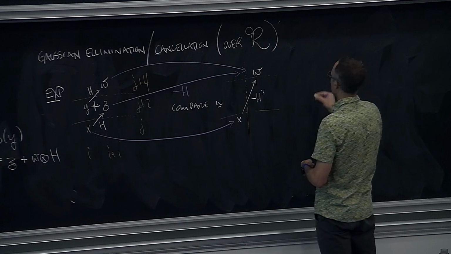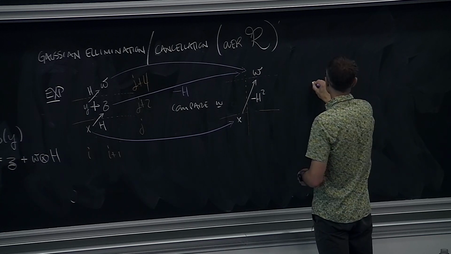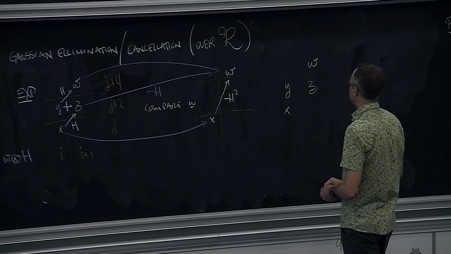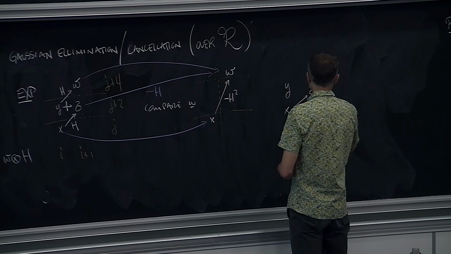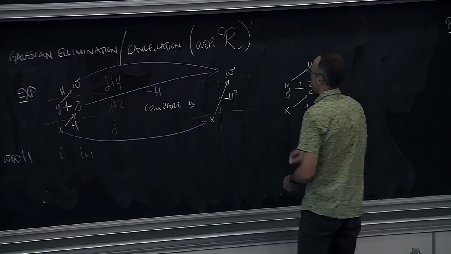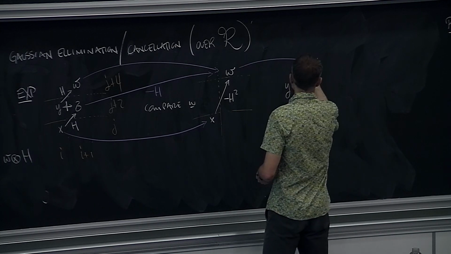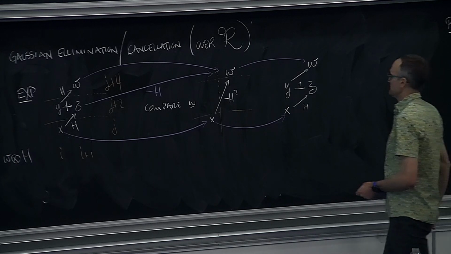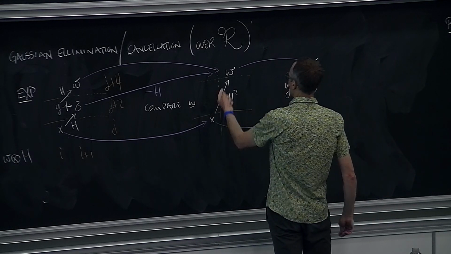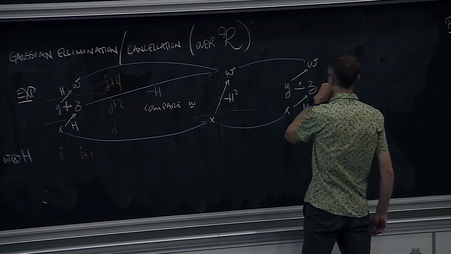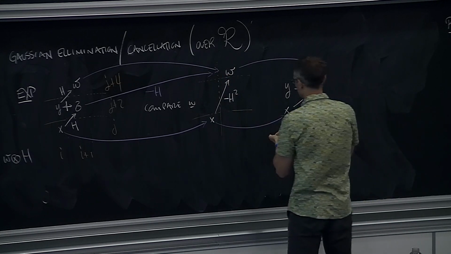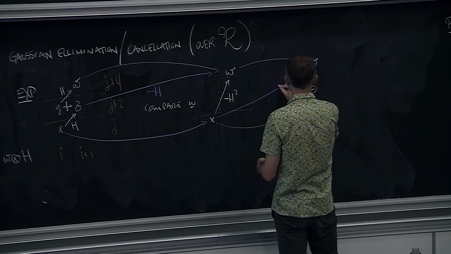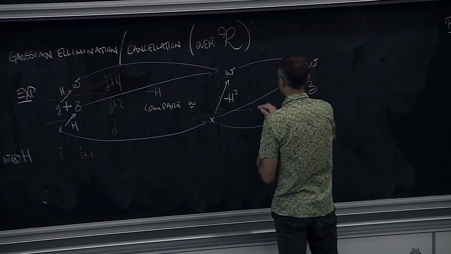But if you try to come back the other way, w, y, z, x. Well, not much to do. But again, here there's a minus h squared hitting this guy. So how can I get that as a composition? There's an h here. You do that by minus h.